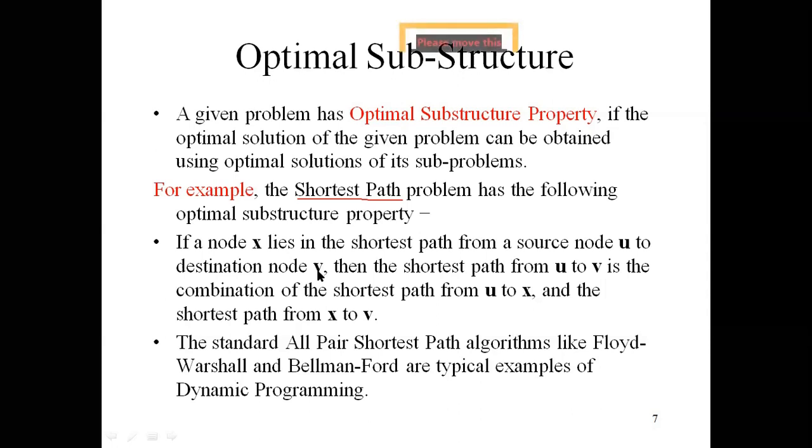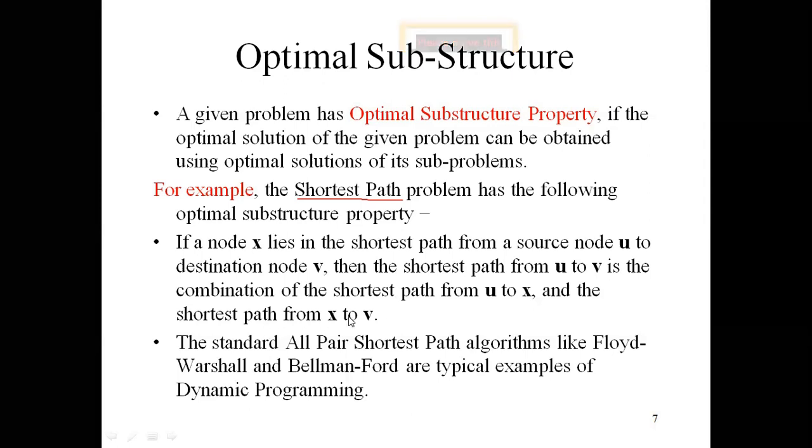We start from the source and end at the destination. We want to find the shortest path. After finding it, there is an intermediate node X in that path. Then the shortest path from U to V is the combination of the shortest path from U to X and the shortest path from X to V.